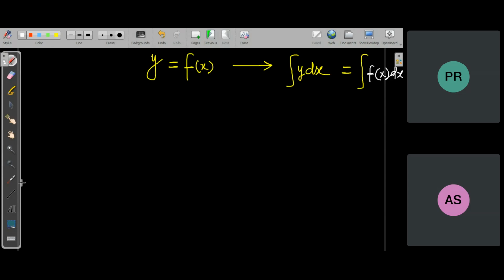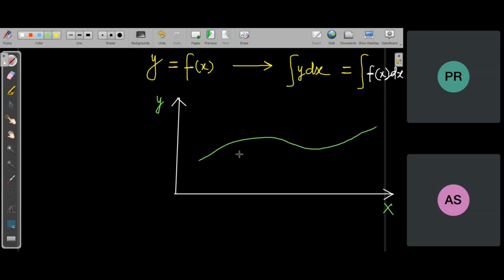Similarly, here, you know that integration is nothing but addition, right? And if you represent integration f(x) dx, suppose y is a function of x, and let's say I'm plotting y on the y axis and x here, and the function is represented by a curve somewhat like this, then this integration y dx will represent nothing but the summation of all f(x) dx.